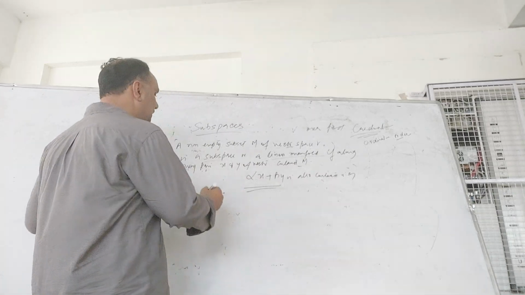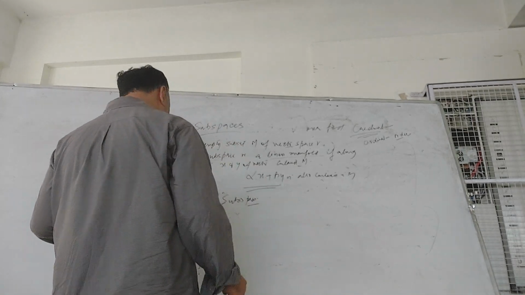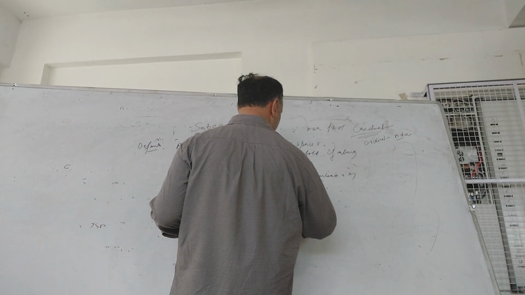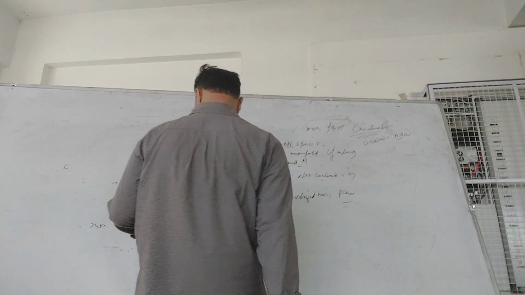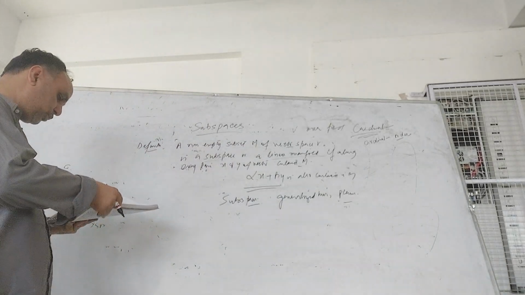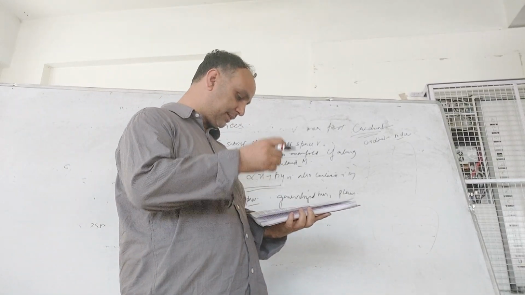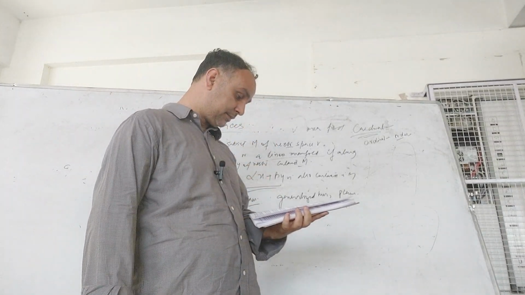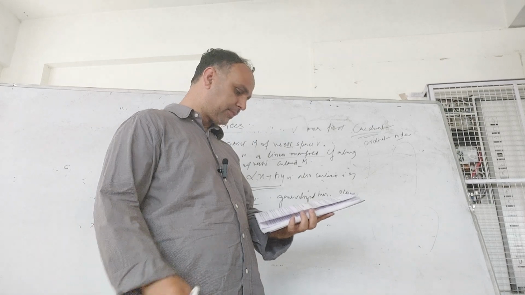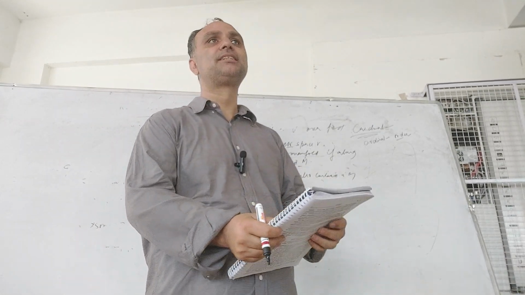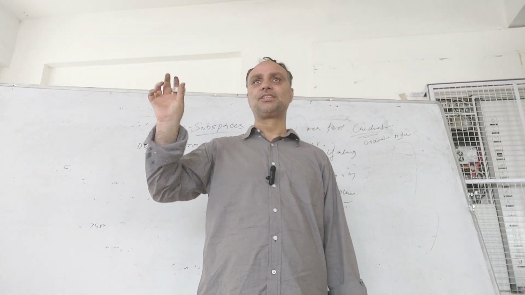So we can also interpret subspaces as, for example, generalized lines, planes, and so on and so forth. So that's it. Now the question is, apart from that, a subspace can be an empty subset or the universal set.